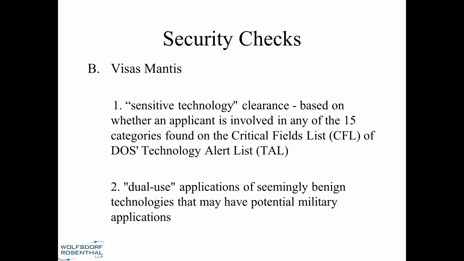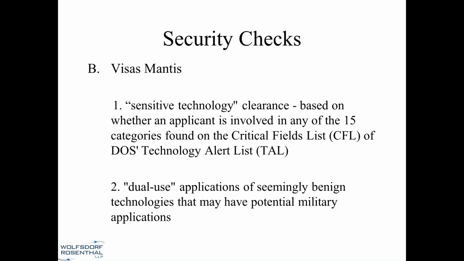This is based off of sensitive technologies and whether the visa applicant is involved in the categories found on the critical fields list of the Department of State's Technology Alert List, the TAL. Unfortunately, the current version of the critical fields list and the TAL is not available to the public. If you do a search for Technology Alert List and the critical fields list, you can find the older version.